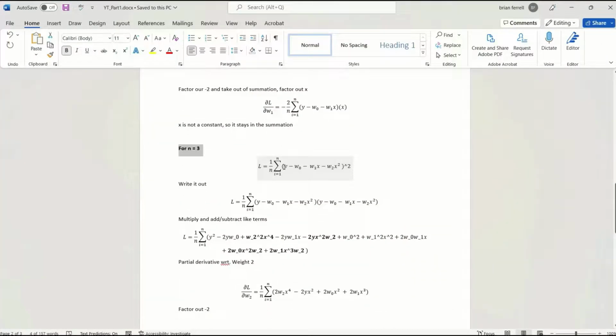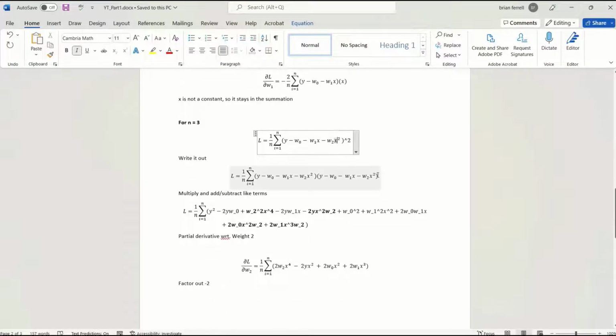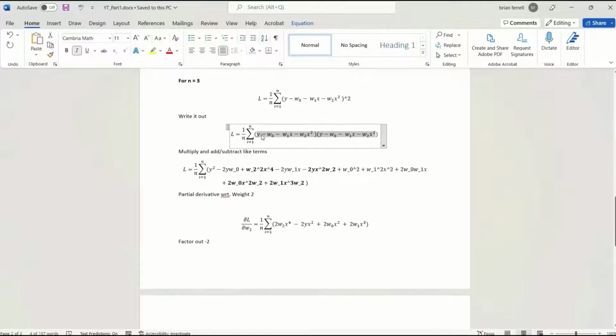So this is our error, which is y minus that h of x function, and then it's squared. If we write it all out, it looks like this, and then if we multiply, we end up getting this really long term.